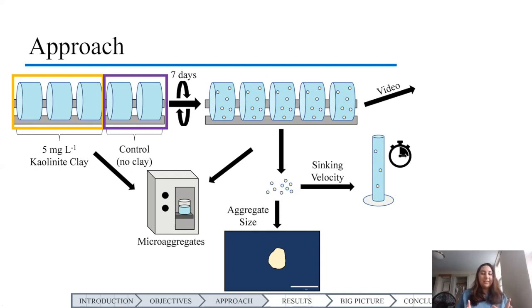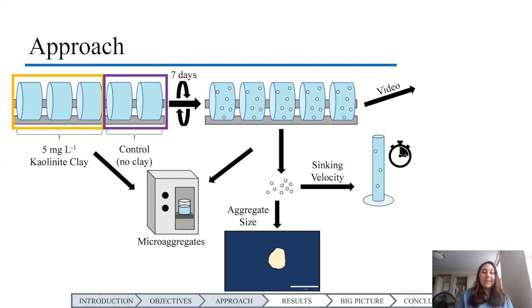Any macroaggregates that formed were carefully removed and either photographed using a dissecting microscope to determine their diameter or placed into a glass-graduated cylinder to determine sinking velocity. Samples were also taken to analyze microaggregate formation using a Beckman-Coulter counter.